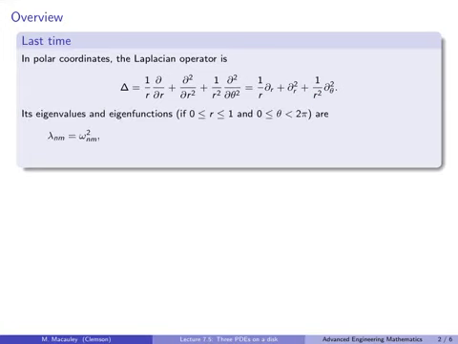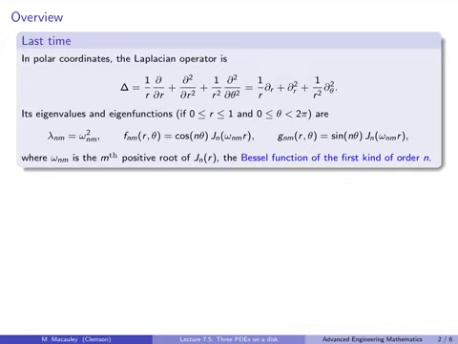The eigenvalues and eigenfunctions of this operator for the unit disk, that is, if r goes from 0 to 1 and theta goes from 0 to 2 pi, are as follows. The eigenvalues are omega_nm squared, and the eigenfunctions are of the form cosine of n theta times J_n of omega_nm r and sine n theta times J_n of omega_nm r, where omega_nm is the mth positive root of J_n, the Bessel function of the first kind of order n.